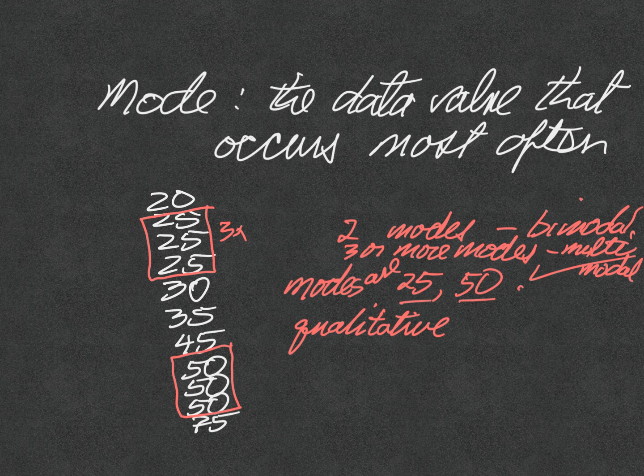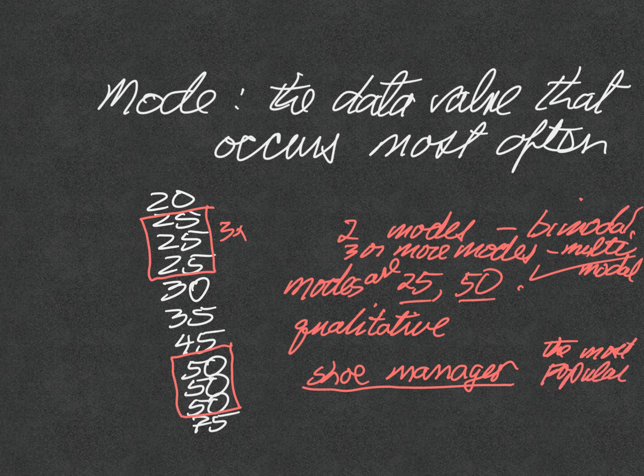A good example of this would be if you were a shoe manager at a shoe store. What would you order for your shoe store? Well, what you would typically order for men and for women is the most popular shoe size, right?